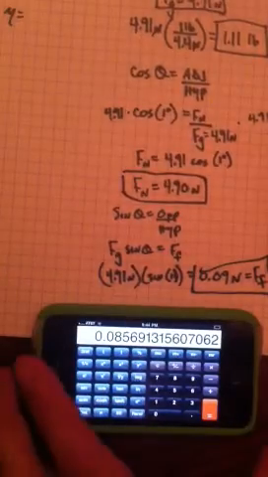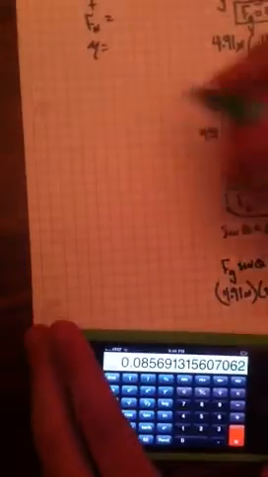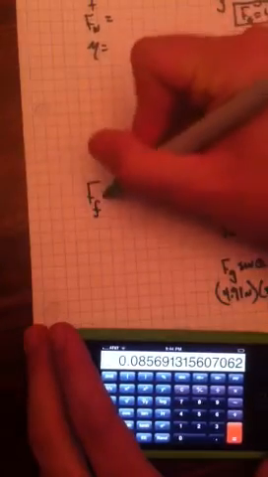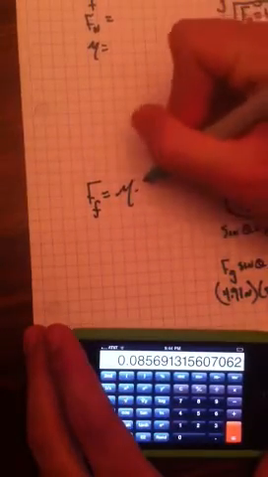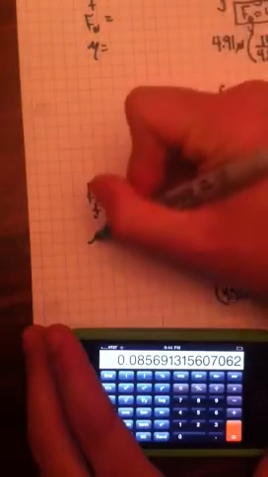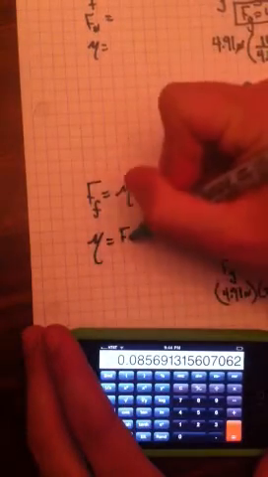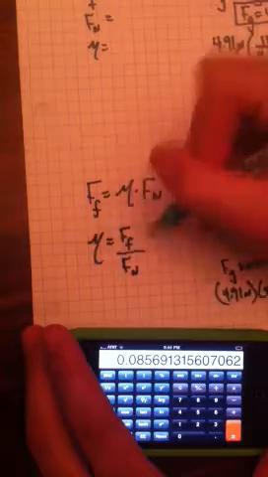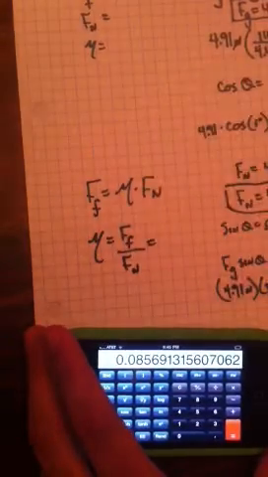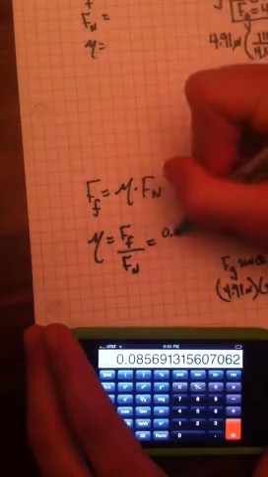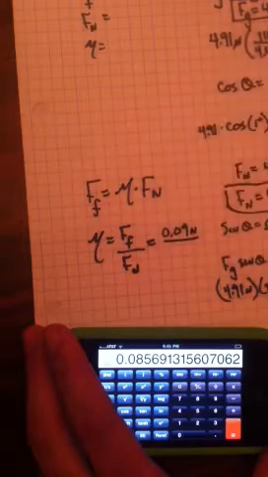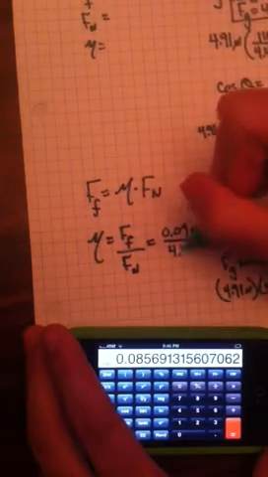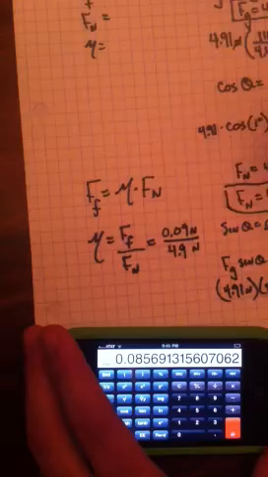And then lastly, we're going to solve for mu. Going back to our fun equation, force of friction is mu times the normal force. Mu is equal to the force of friction divided by the normal force. We found our force of friction, 0.09 newtons, and our normal force, 4.9 newtons.